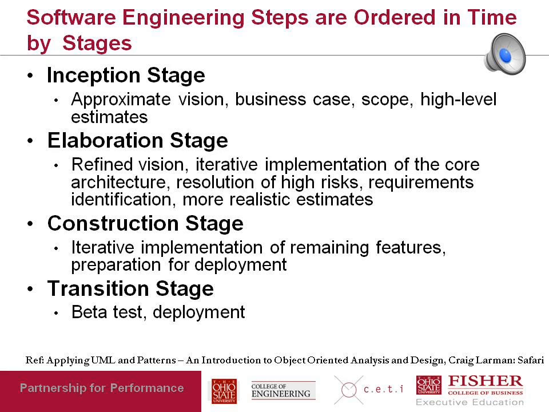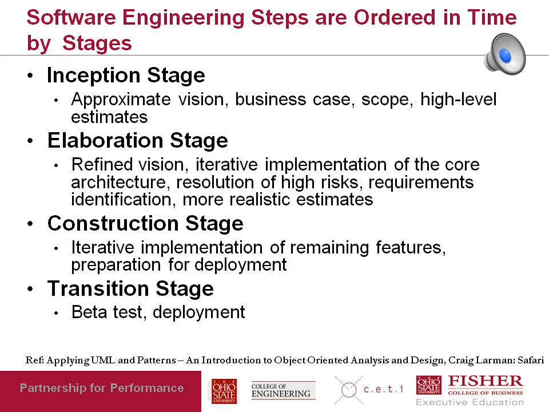Okay. Once a shared understanding of what the system is supposed to do and what the goals of the project are is achieved, the project will move into what is known as an elaboration stage. The goal of the elaboration stage is really all around the resolution of high risks in the project.